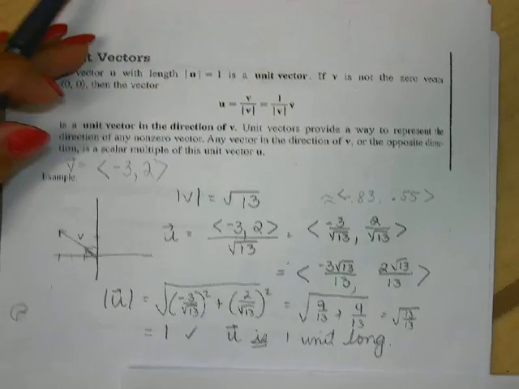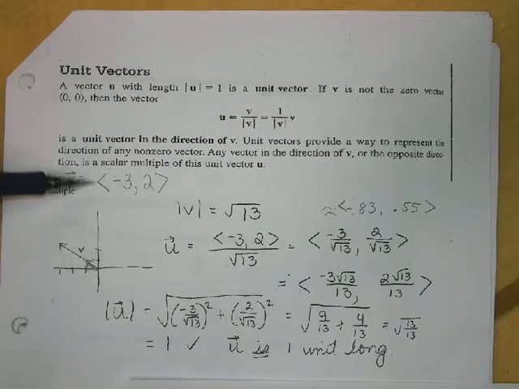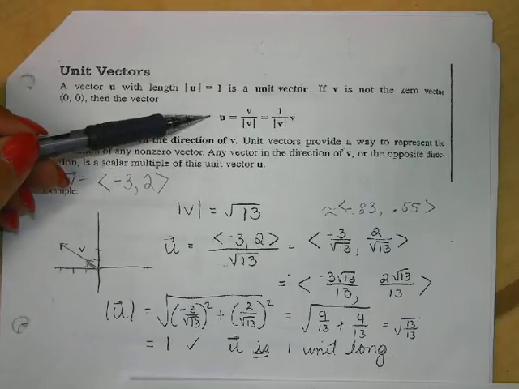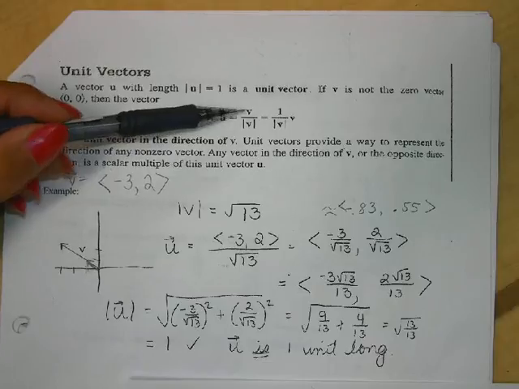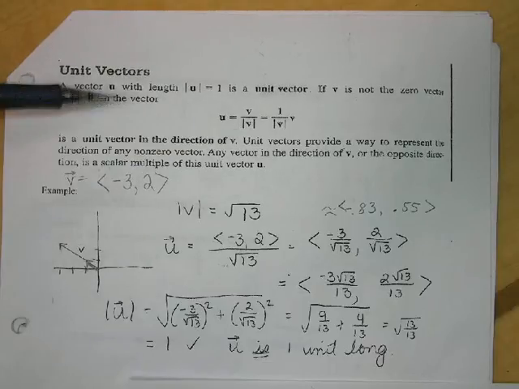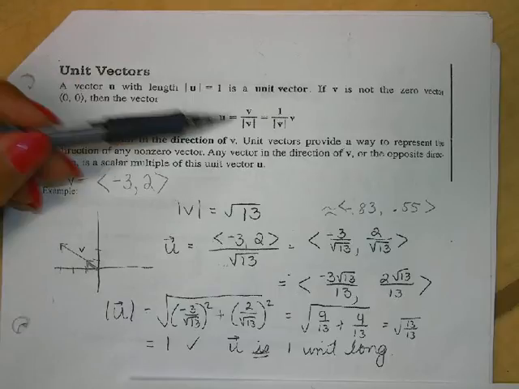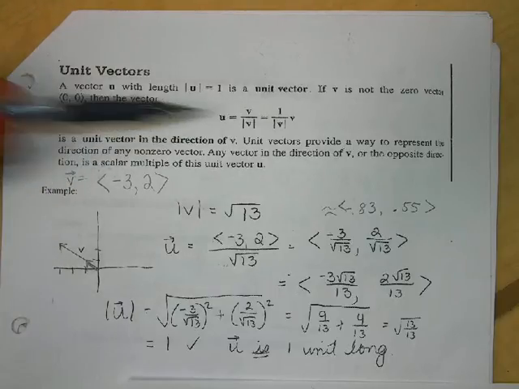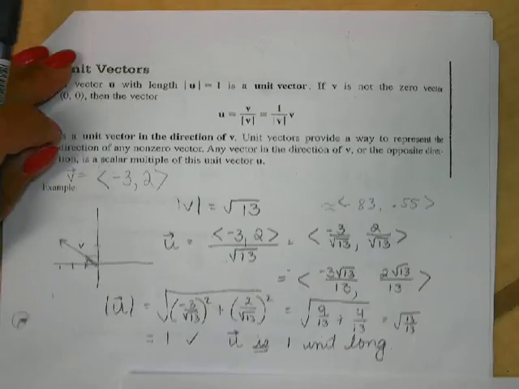So if we want to take a vector and find a unit vector that is pointing in the same direction as it, but is only 1 unit long, it's actually very easy to do. And that's what this is showing up here. Take the vector, divide it by the magnitude of the vector, and you'll find a new vector that will be pointing in the same direction, however, will only be 1 unit long.